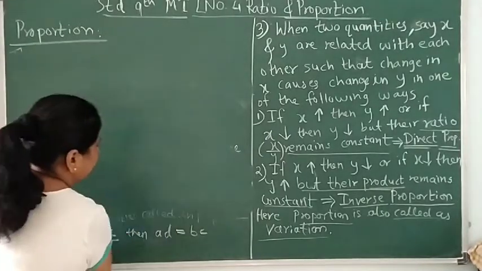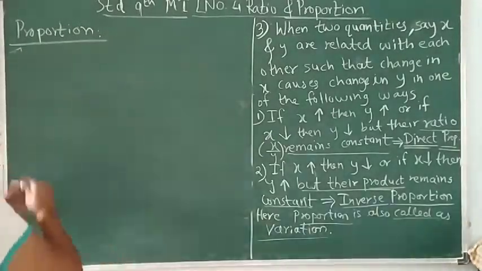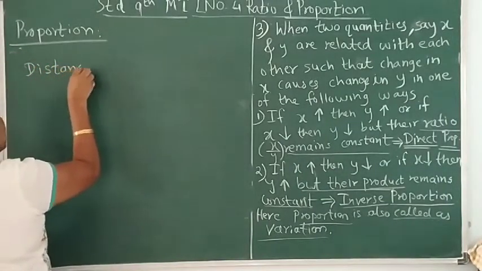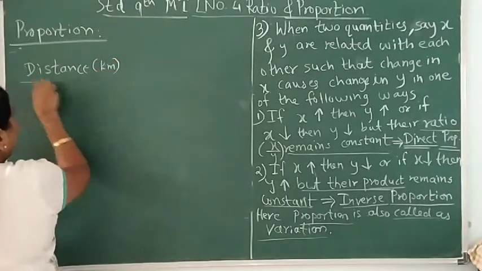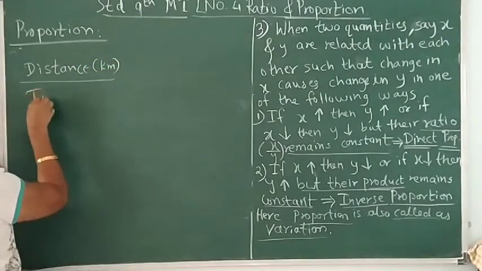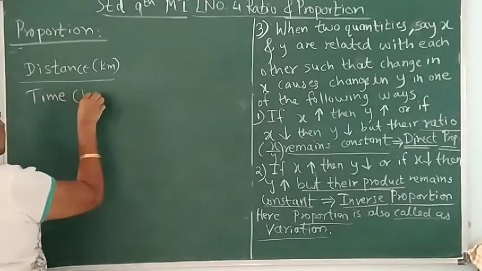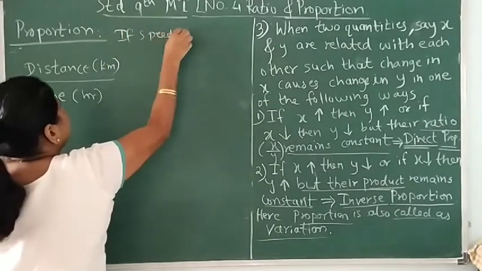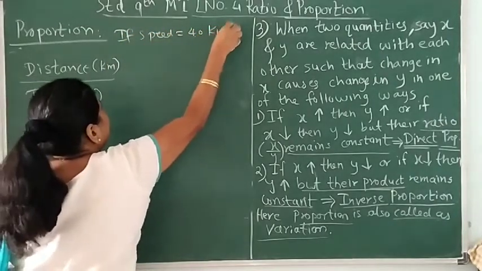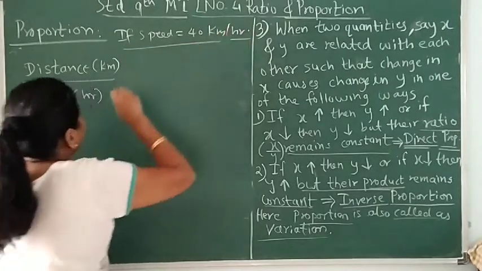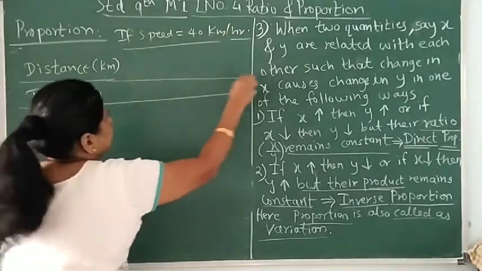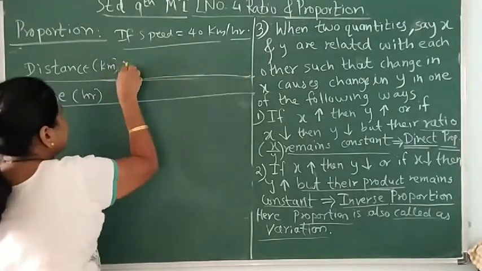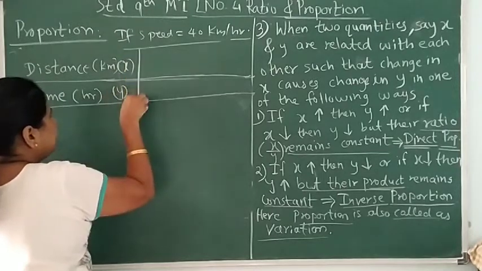If I take the example of, say, a car going a certain distance in kilometers, and the time taken in hours. Say the speed of the car is 40 kilometers per hour. Suppose the distance traveled by the car is x and the time taken to travel is y.